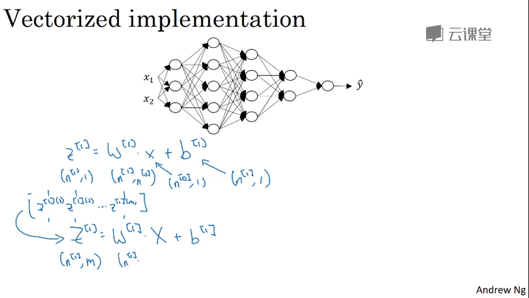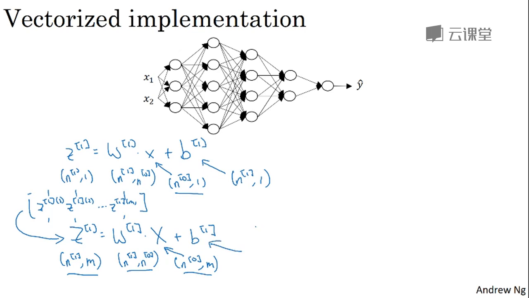The dimensions of W1 stay the same, so it's still n1 by n0. And X, instead of being n0 by 1, is now all your training examples stacked horizontally. So it's now n0 by m. And so you notice that when you take an n1 by n0 matrix and multiply that by an n0 by m matrix, together they actually give you an n1 by m dimensional matrix, as expected.